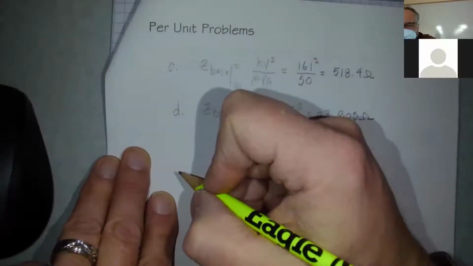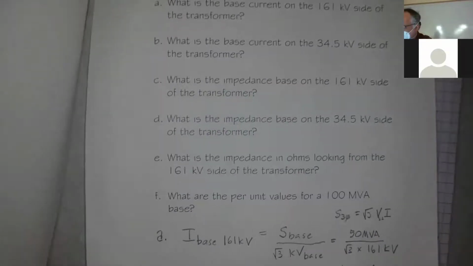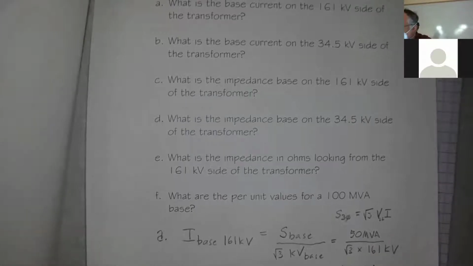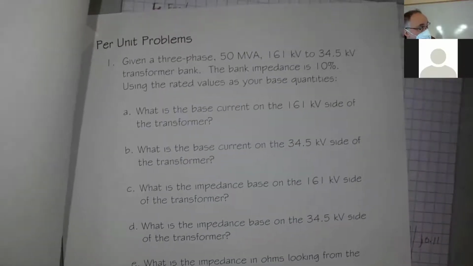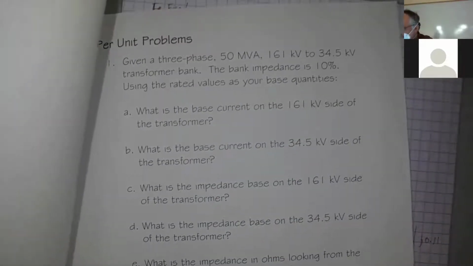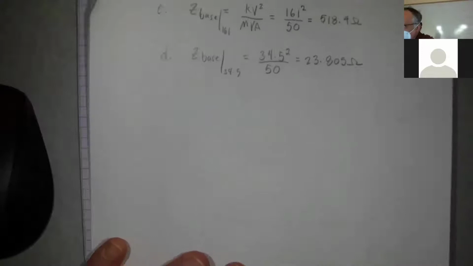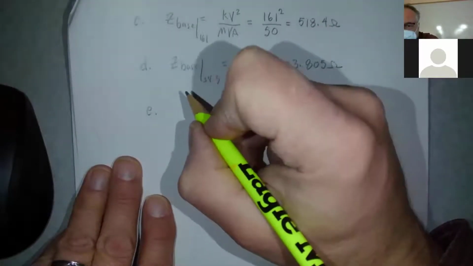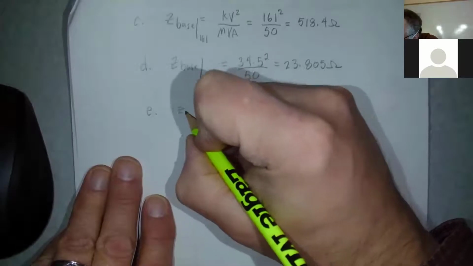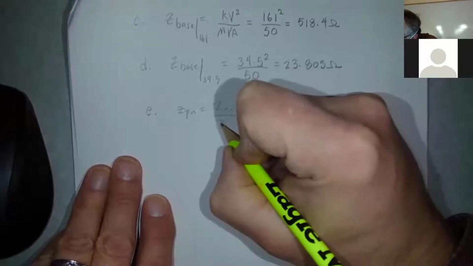Okay, for the next one, what are we asking for part E? What is the impedance in ohms looking from the 161 kV side of the transformer? Well, we know that the transformer is 10% impedance, and we just calculated Z base, right? So here's E, and Z per unit is equal to Z actual over Z base.